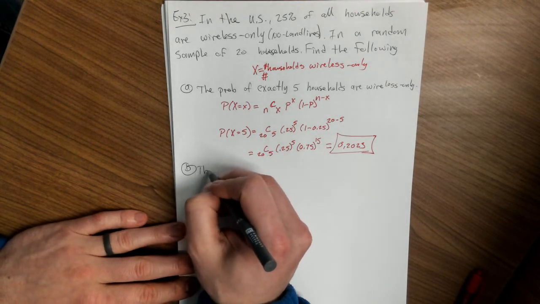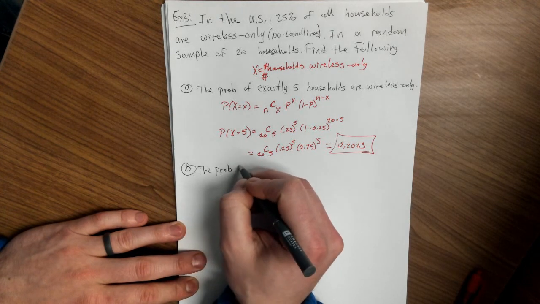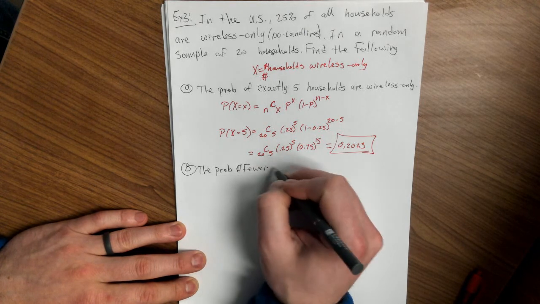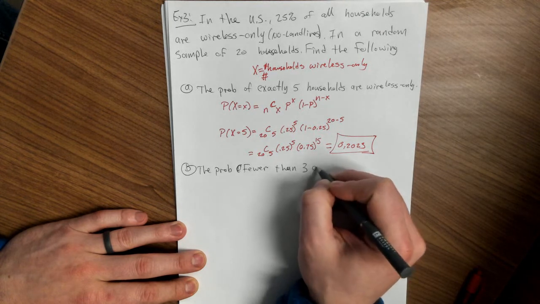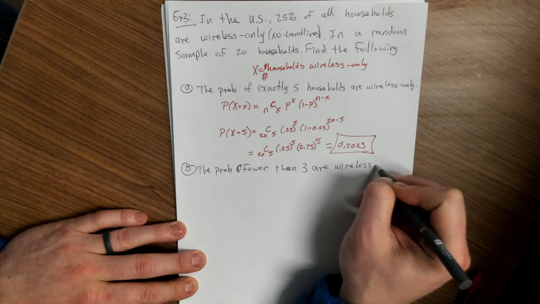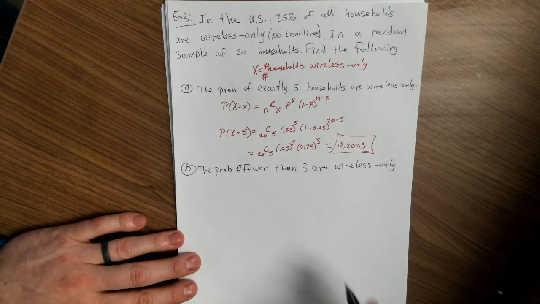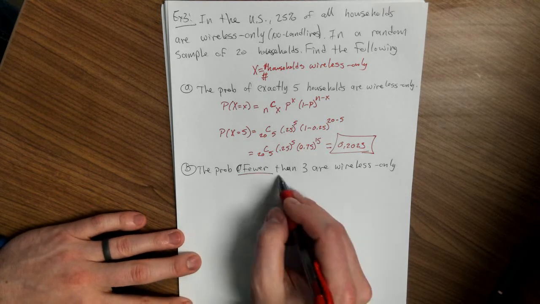The probability fewer than 3 are wireless only. Alright, and here you have to be careful of wording. It says fewer than 3.